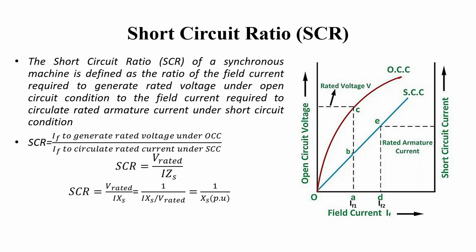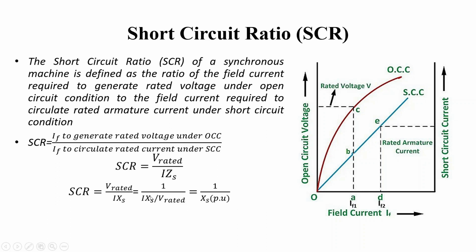Usually for all machines, the resistance value is very low. If we are neglecting armature resistance, we can say that SCR is equal to V rated by I into XS. When we are taking V rated in the denominator, this equation becomes 1 by I into XS by V rated. So what is I into XS?